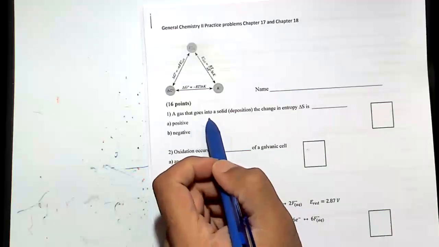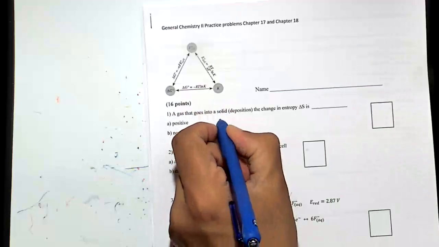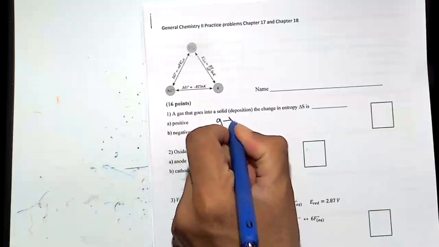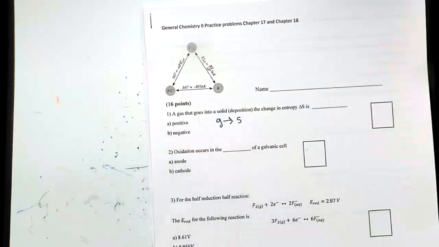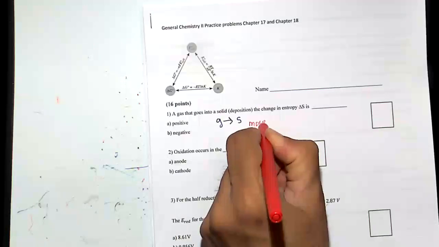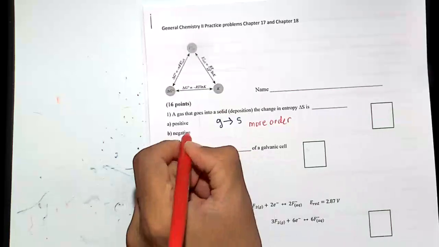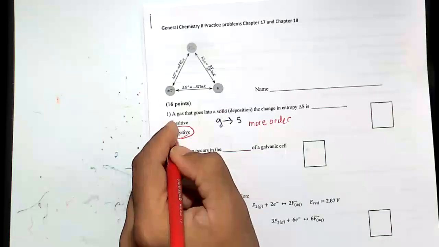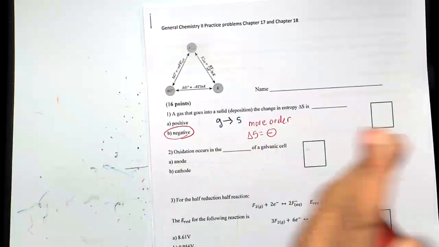A gas that goes into solid, the change in entropy is, okay, a gas going to solid. Would that be more order or more disorder? More order implies your change will be positive or negative. Okay, negative. So delta S will be negative if there's more order.